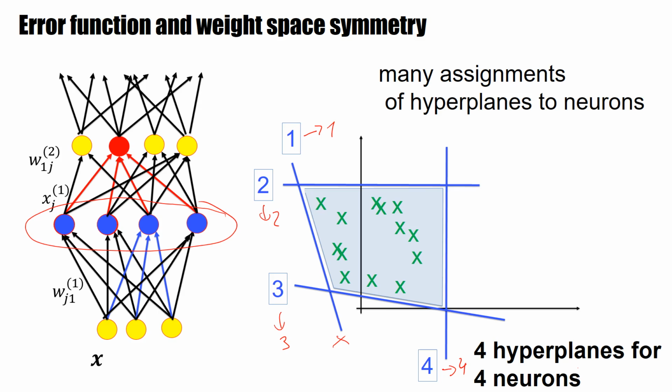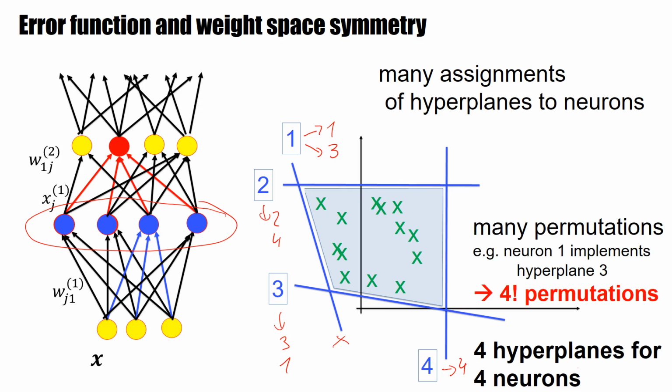But we can also say the first hyperplane is implemented by neuron number 3, the second by neuron number 4, the third one by neuron number 1, and the fourth one by neuron number 2. And so in total there will be many permutations. In fact, for 4 neurons in one hidden layer, there will be 4 factorial permutations.